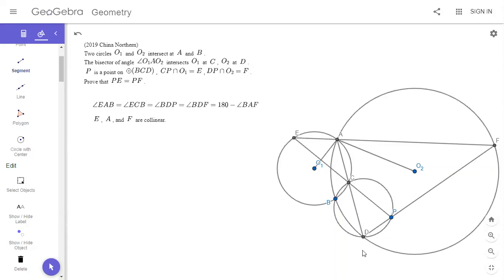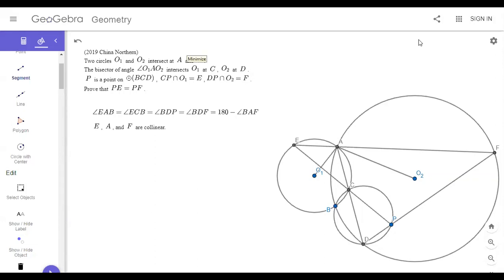Let's see. O1AC and O2AD are similar. I thought I had a proof in my mind that did it in O2AD. Oh, because it's the angle bisector. Yeah, I forgot to use the fact that it's the angle bisector.